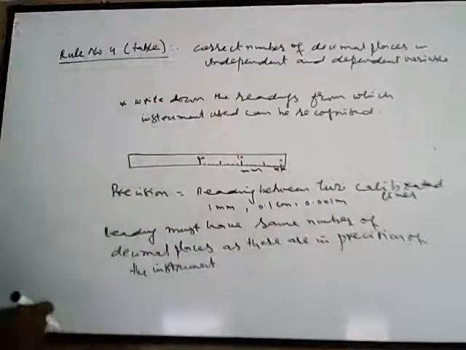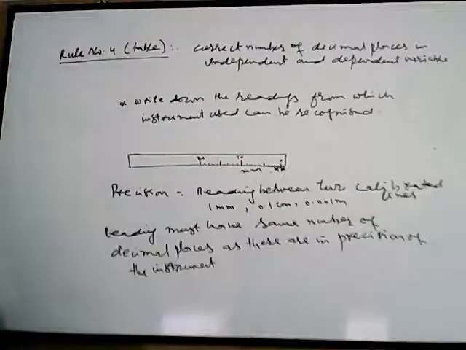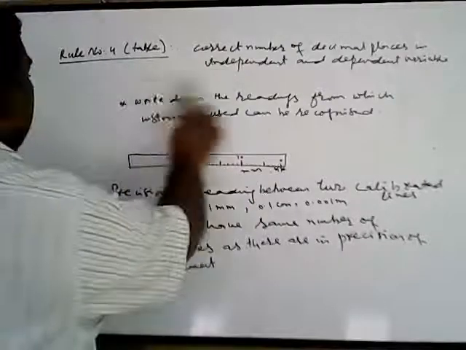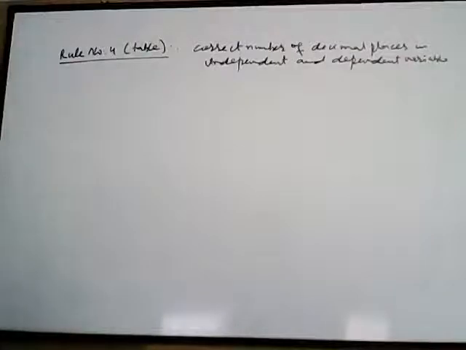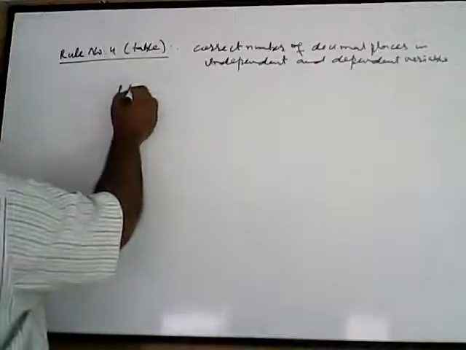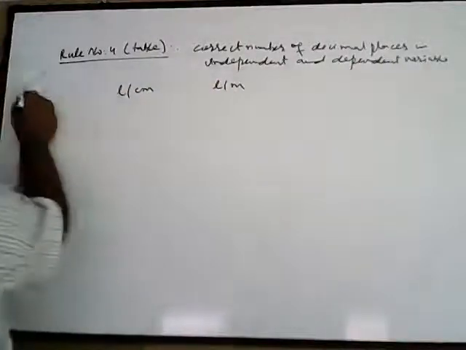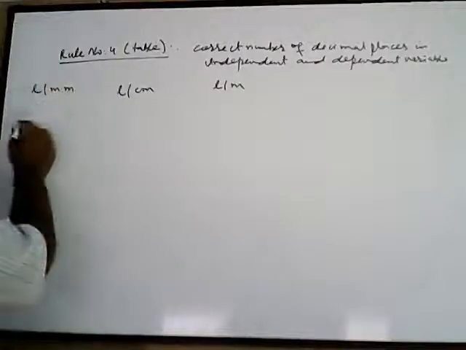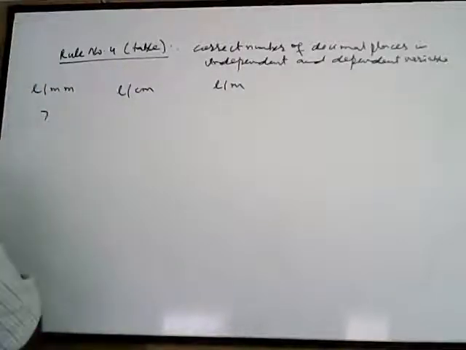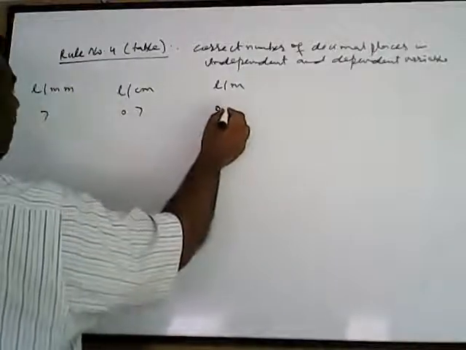Suppose I am recording L in millimeters, centimeters and meters. Suppose I am recording 7 millimeters first. In centimeters I record 0.7, and in meters 0.007.